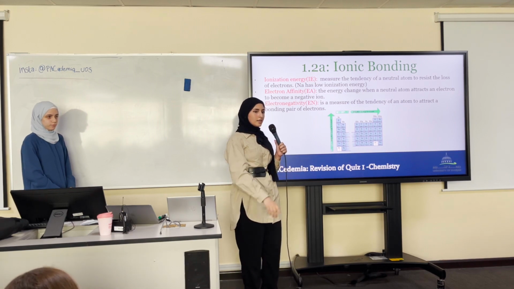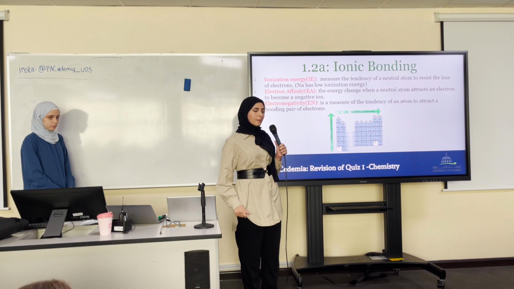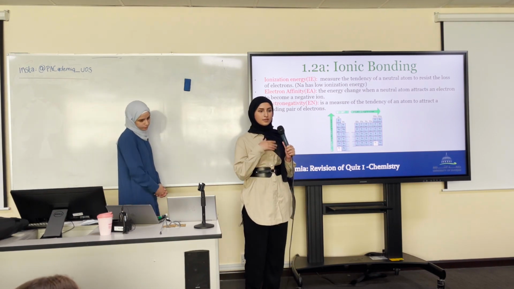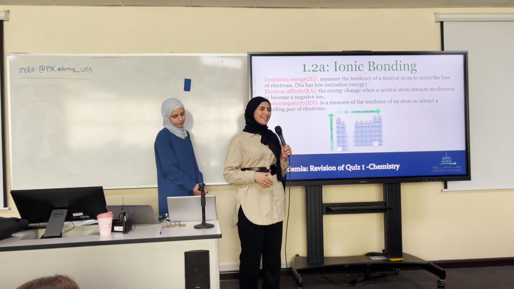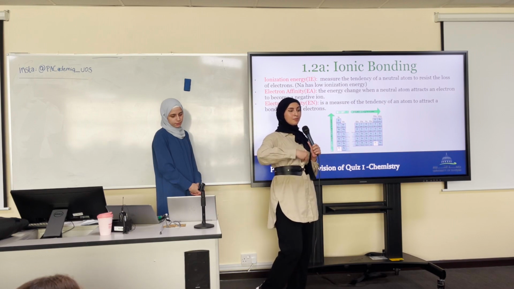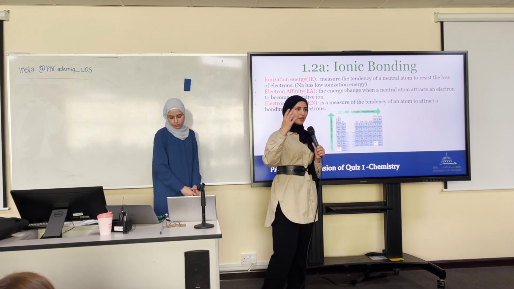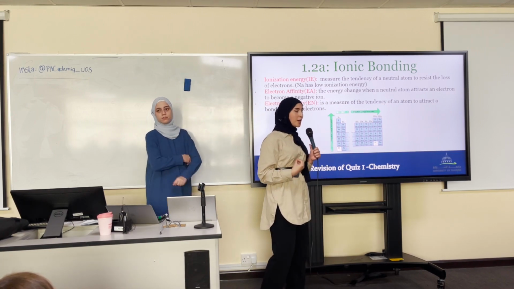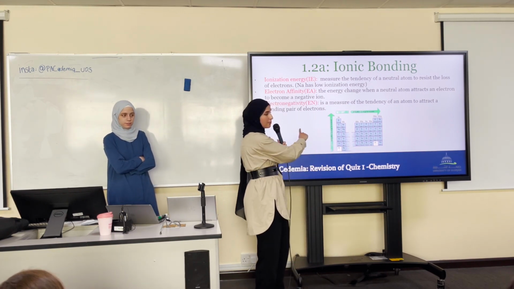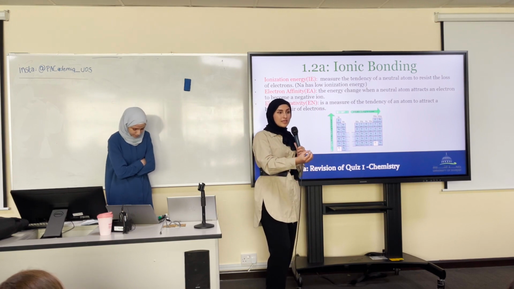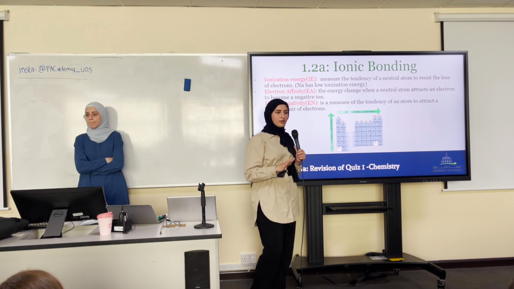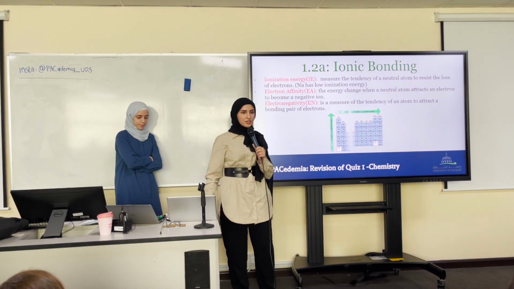Electron affinity is the energy liberated when we gain an electron, but electronegativity is the tendency of an atom to attract a bonding pair of electrons. So it wants to steal electrons from an already formed molecule. That's the difference. Any questions?